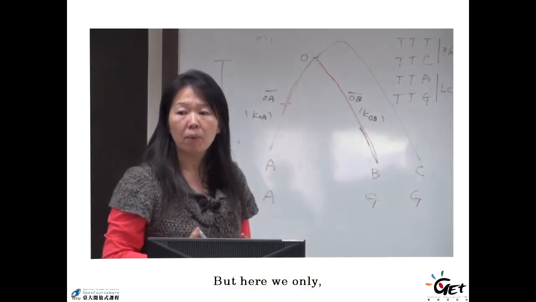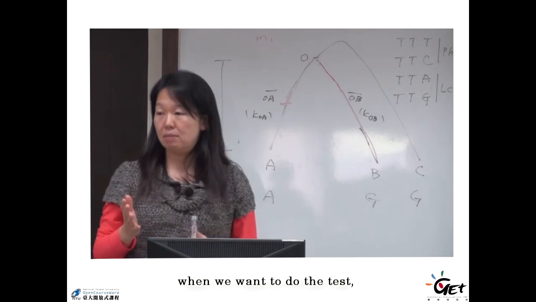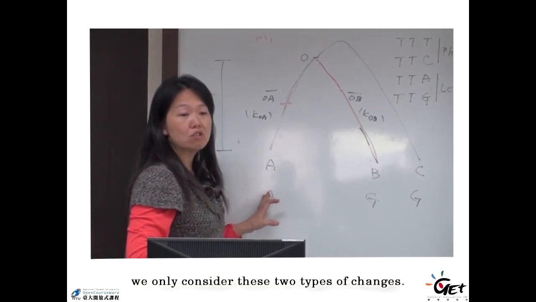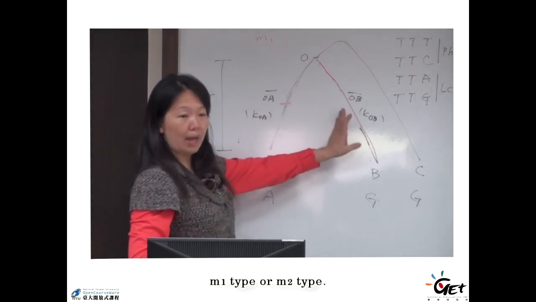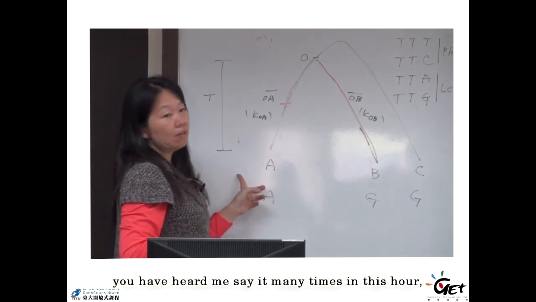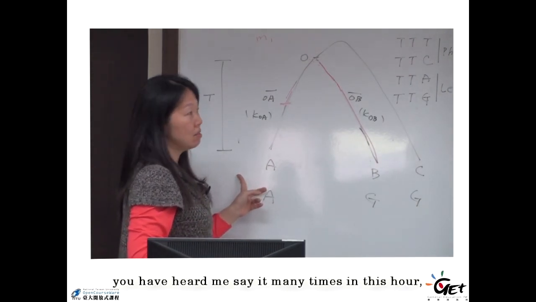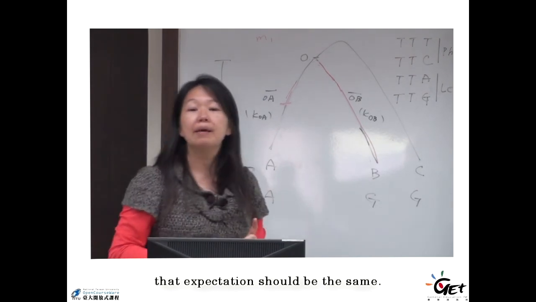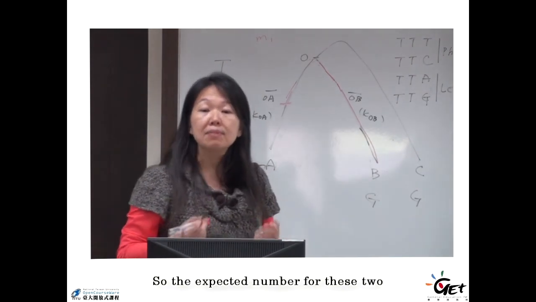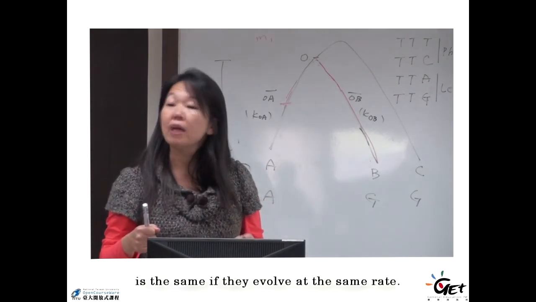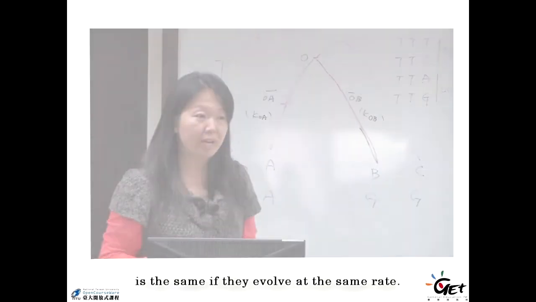But when we want to do the test, we only consider these 2 types of changes, M1 type or M2 type. And given the same divergence time, as you have heard me say many times in this hour, the expectation should be the same. So the expected number for these two is the same if they evolve at the same rate.